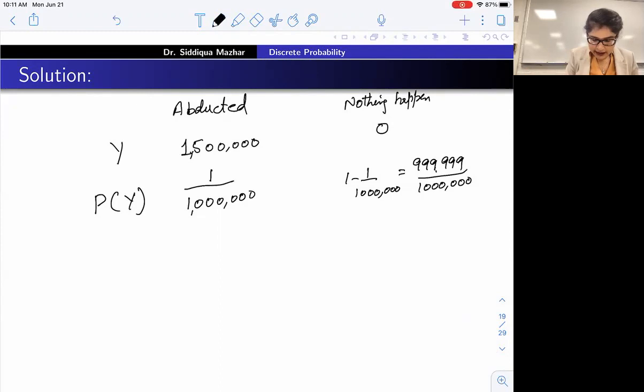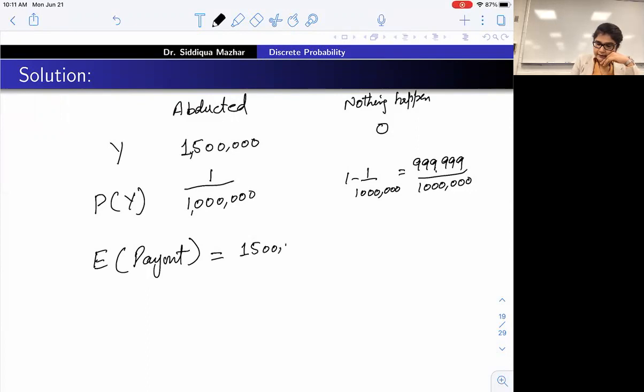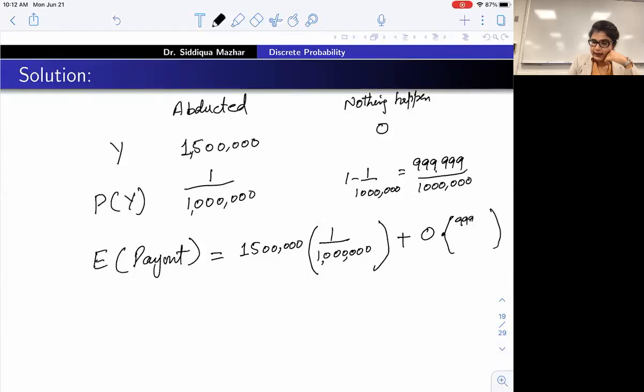So how do you find the expected payout for the company? For the expected payout, you take the outcome. One outcome is they are paying 1.5 million, and the probability of this happening is 1 in a million, plus nothing happens times the probability 999,999 divided by a million.